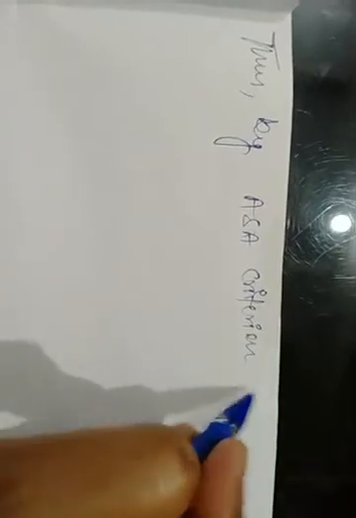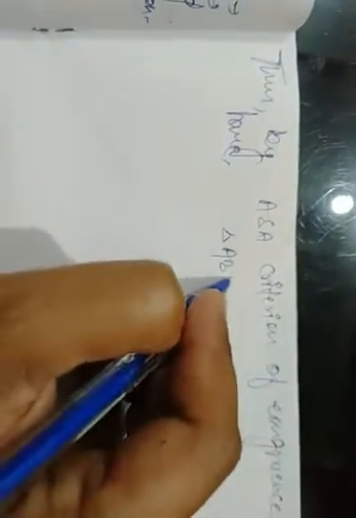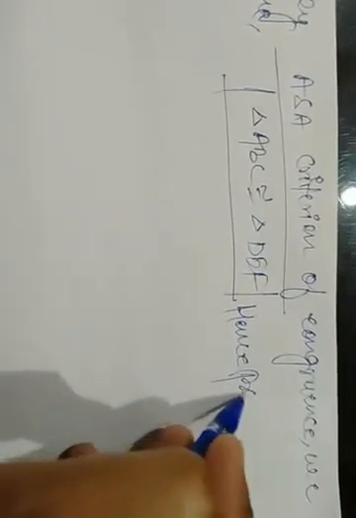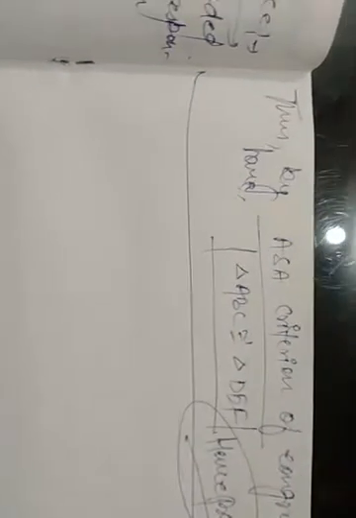So by the angle-side-angle criterion of congruence, thus by the ASA criterion of congruence, we have triangle ABC congruent to triangle DEF. Hence proved.